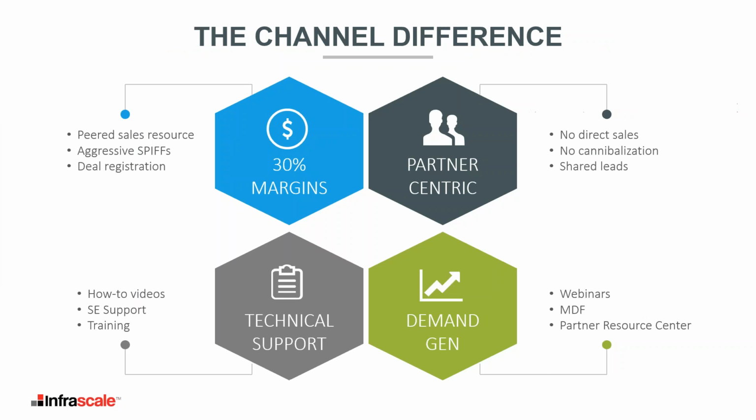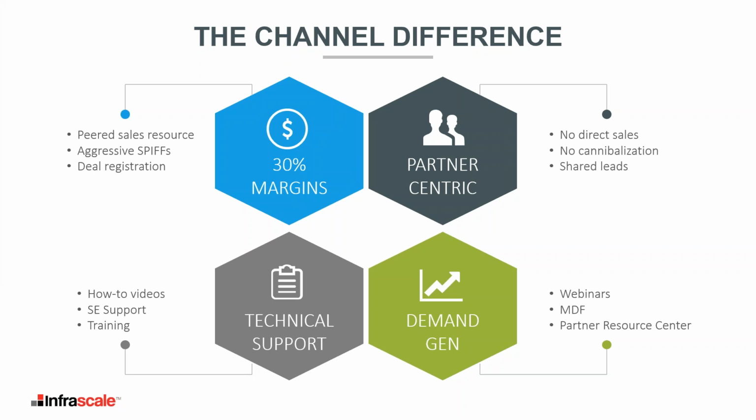And then here is a look at the channel difference that InfraScale provides. This is the time for you to build a profitable disaster recovery business, make money by protecting your clients' data, applications, servers with the push of a button, and be able to fail over.